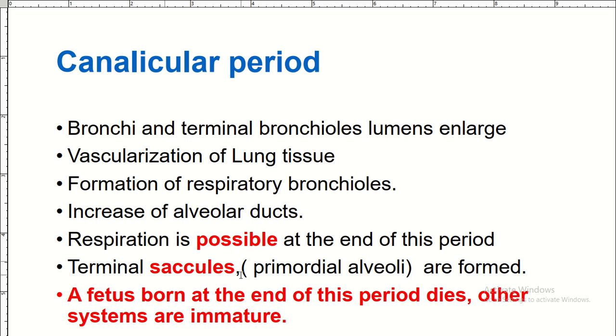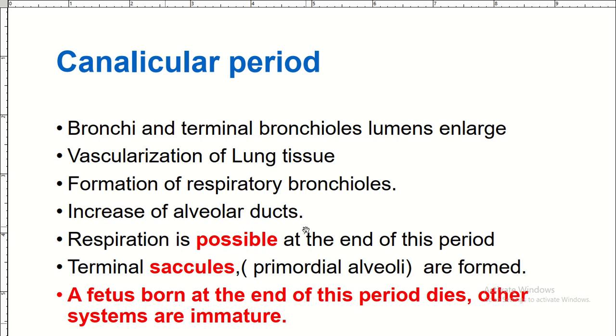Then you're going to have what you call primordial alveoli, right? That will be formed from these respiratory bronchi. And take note of this: a fetus born at the end of this period dies. Other systems are immature, right? So why?